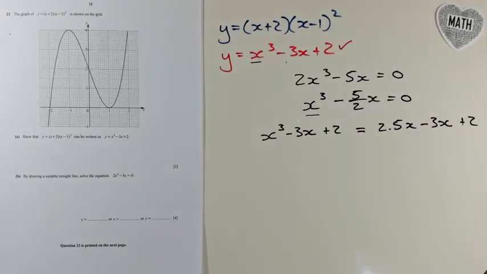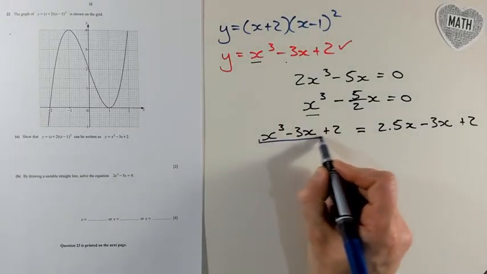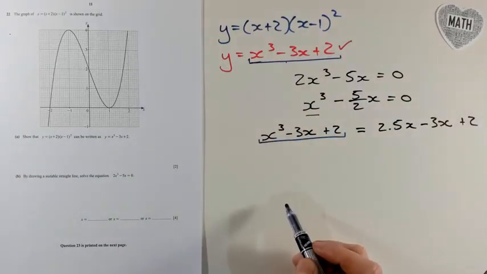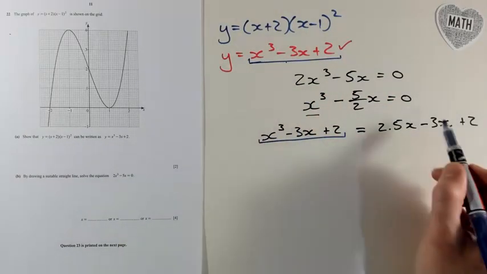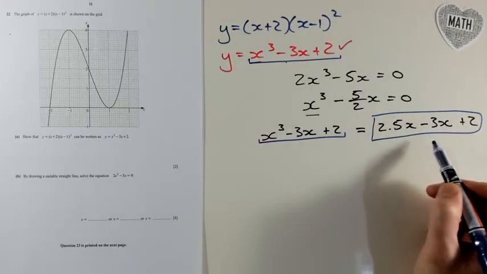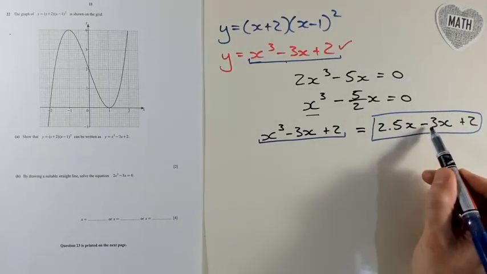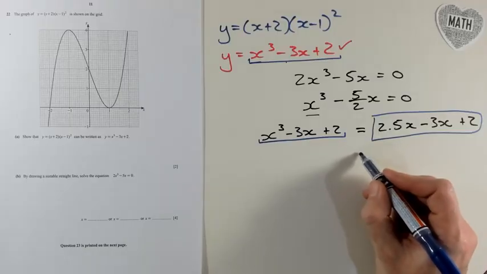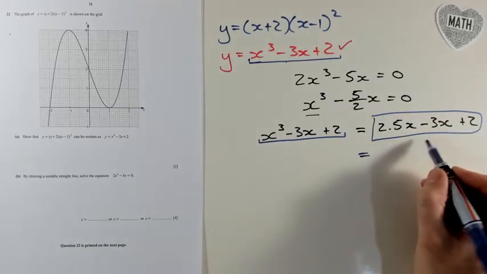So what I did now is that this equation on this side is exactly what is written there. So I know this is the curve, and then basically this will be the straight line. But I added this minus 3x and the 2.5x, so I would kind of just change this up a bit.